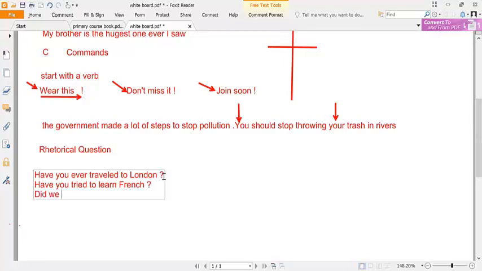Should we stop polluting the air? Meaning we should stop polluting the air and protect the environment. Should we keep our environment safe? All of these are rhetorical questions.